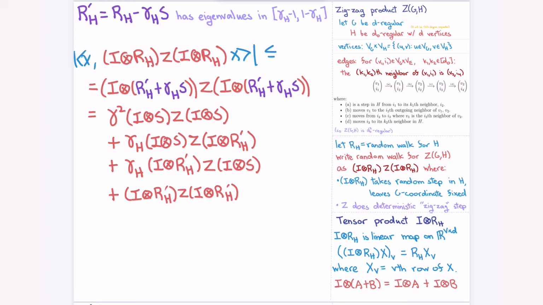And I want to show that this is small because the spectral gap is big. Then we can put absolute values around everything, but I want to analyze each of these things and show that they don't expand too much.